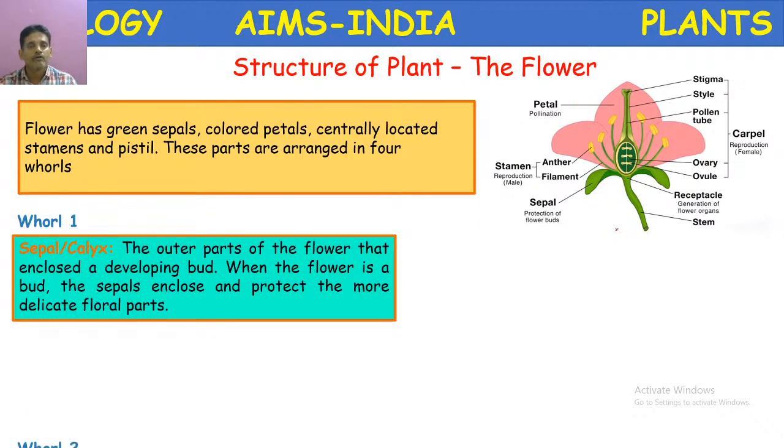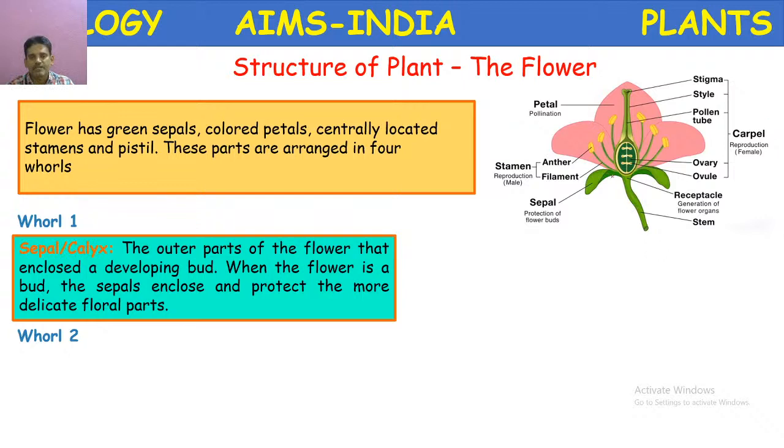So this flower, a typical flower or a complete flower, possesses parts. These parts are arranged in rings called whorls, like this. Let us discuss in detail. The flower has green sepals.